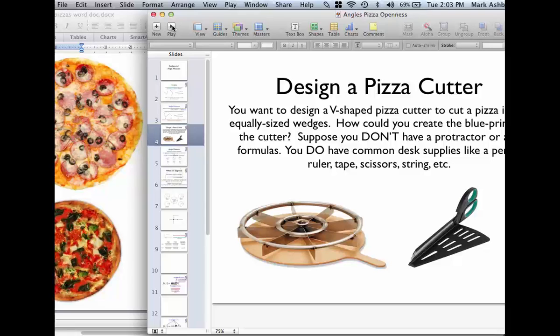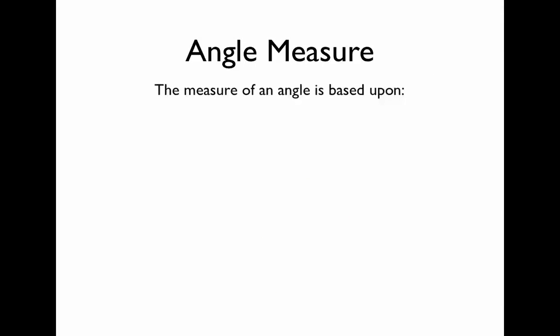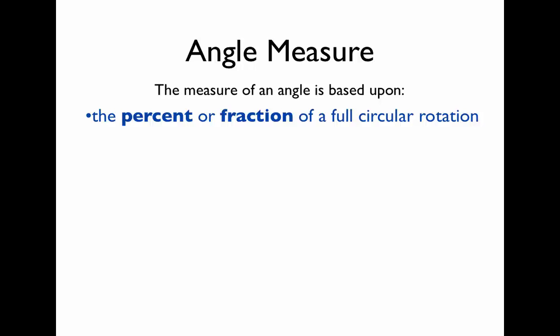Okay, so let's summarize that. What is the measure of an angle based upon? It's based on a percent or fraction of a full circle. That's the underlying way that we're going to build up the ability to measure an angle: the percent or fraction of a full circular rotation. That was the point of the pizza thing.